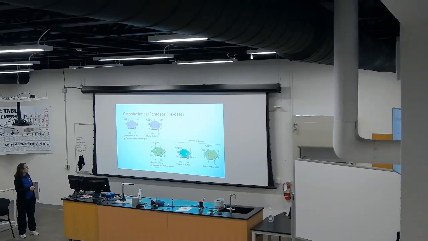This is the formula, C5H10O4. You can count the number of atoms in here if you like, but something that is different between this molecule and this one, called ribose, which is part of the RNA, is that this is called deoxyribose because it lacks an oxygen in here, while this ribose sugar has this oxygen in here.